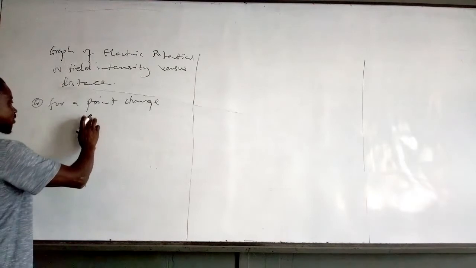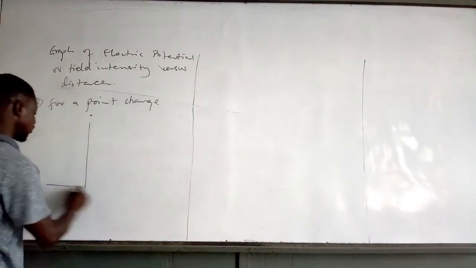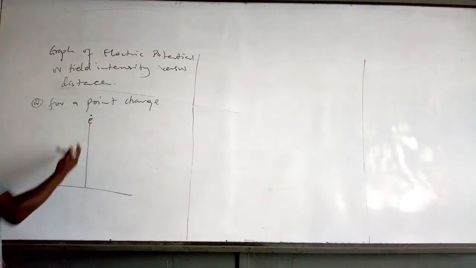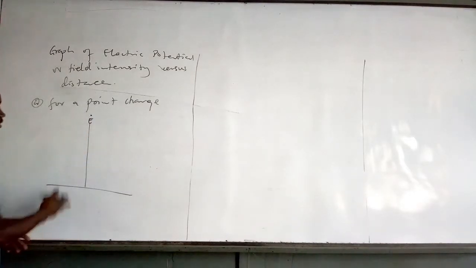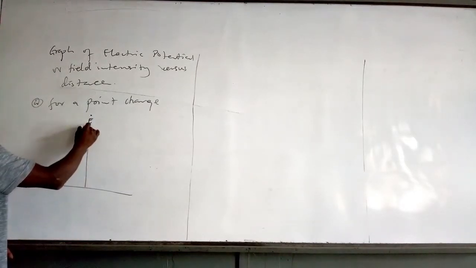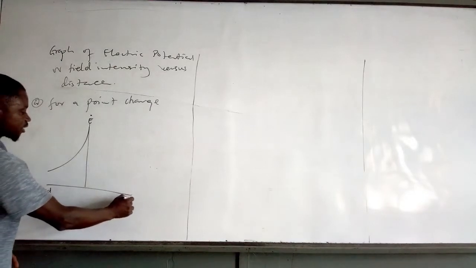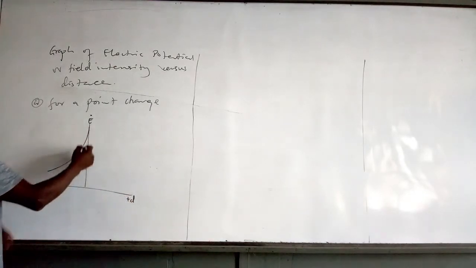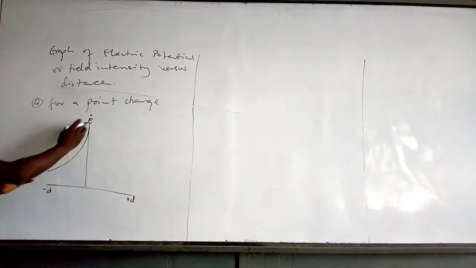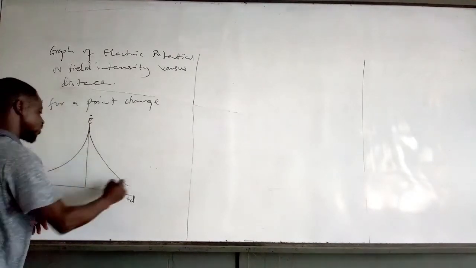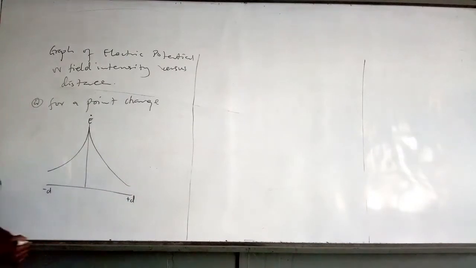So if we sketch the graph of either field intensity or potential, the two of them are the same, exactly. The two graphs have the same characteristics versus distance. So this is positive distance, this is negative displacement, this is positive displacement. As you move away from the charge, the electric field intensity decreases with distance, right?